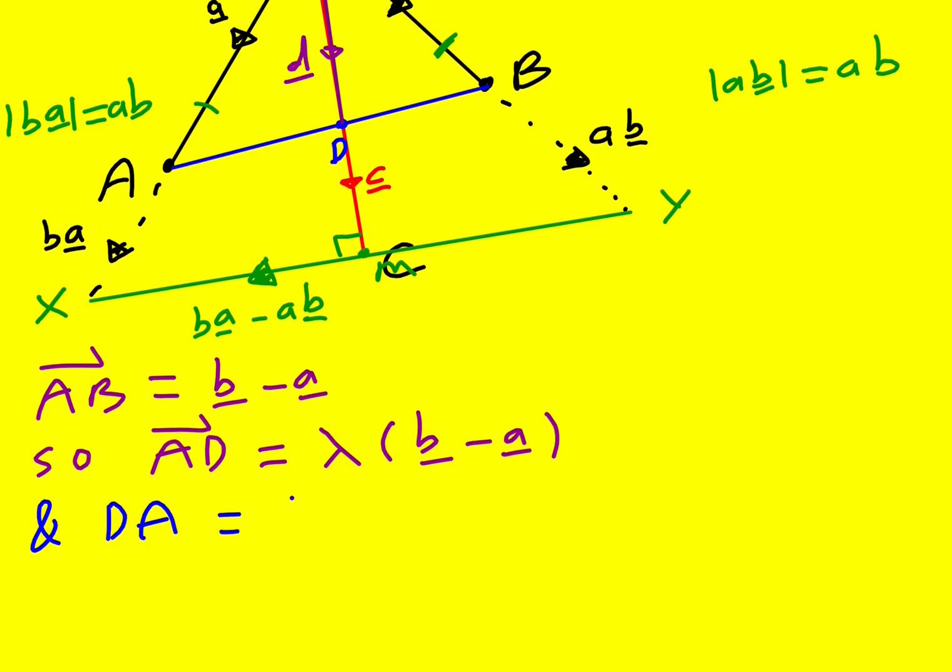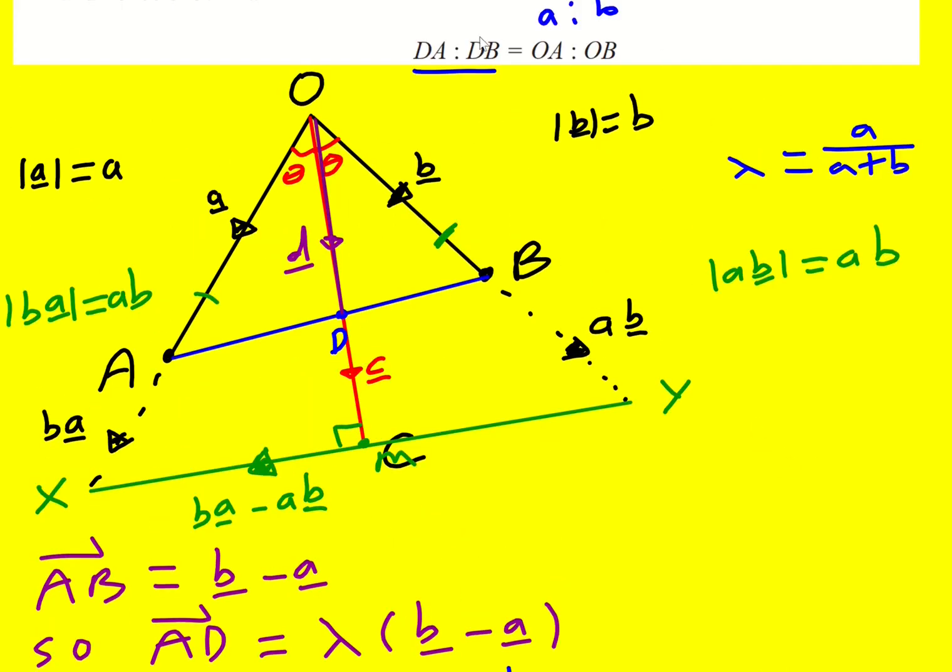So I can write it as lambda times the magnitude of b minus a. Okay, that's one sorted. Now we don't know what b minus a is, but hopefully we'll find it in the other term and then it will cancel out.